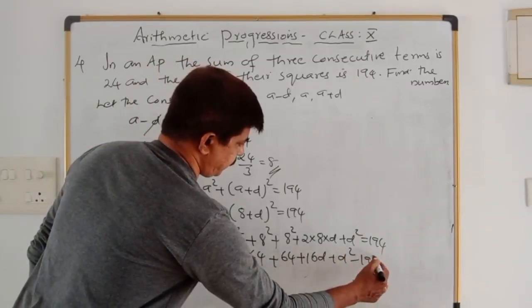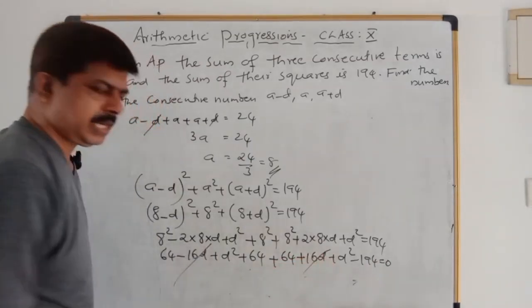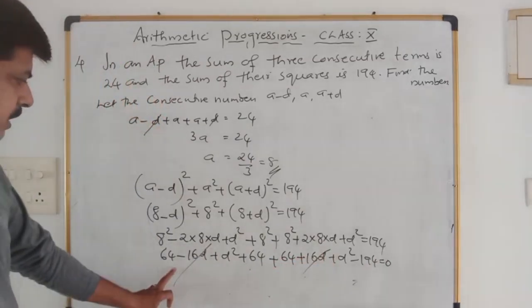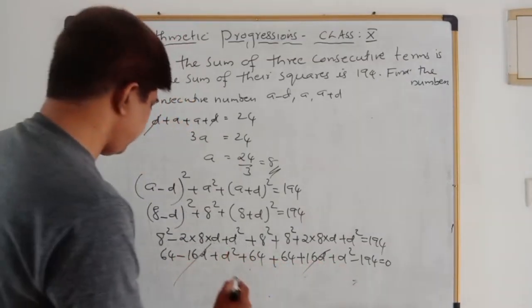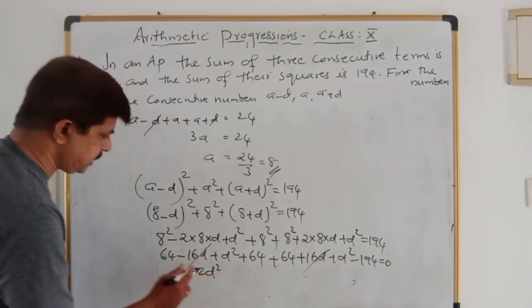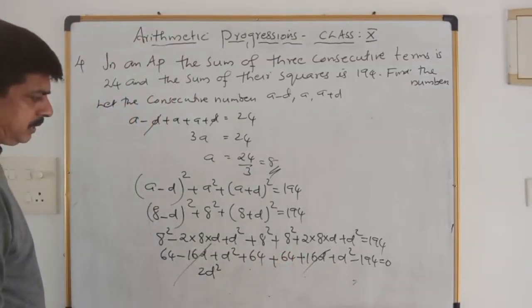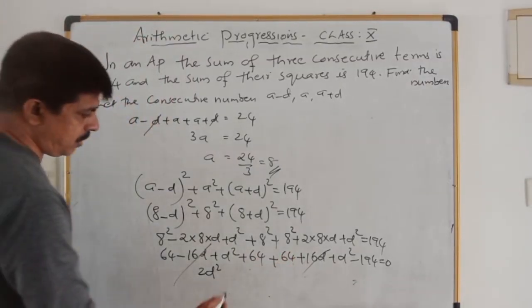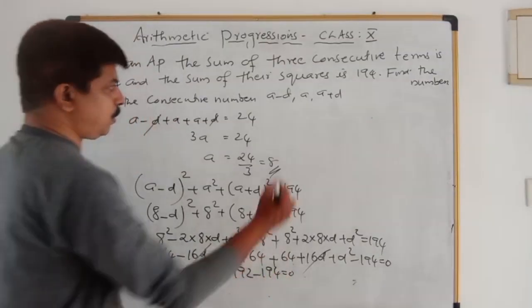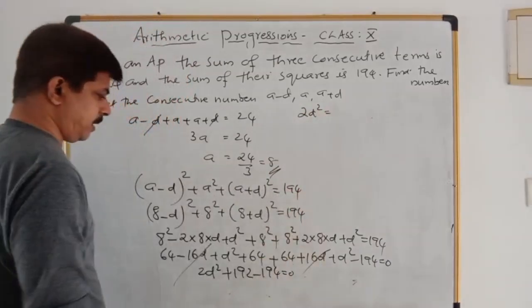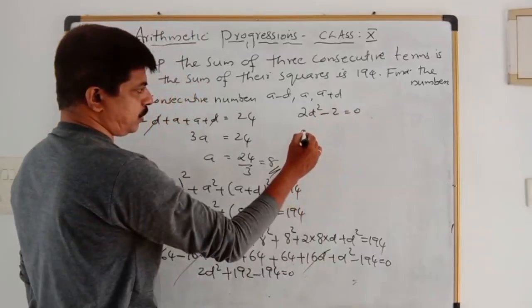Let's take 194 to this side. Are there any like terms to be cancelled? The 16D terms are cancelled, like terms can be cut. So we have 2D square, and 64, 64, 64 gives 192. 192 minus 194 equals negative 2. So 2D square minus 2 equals 0.